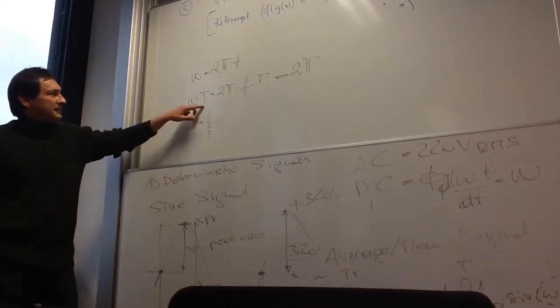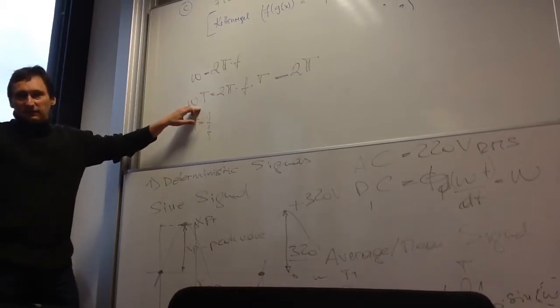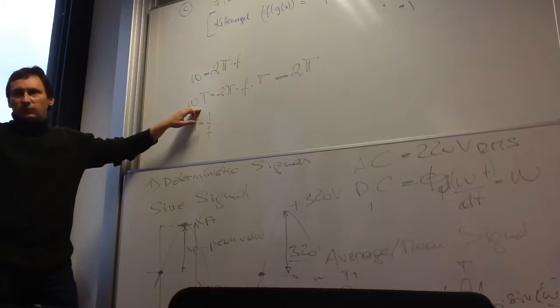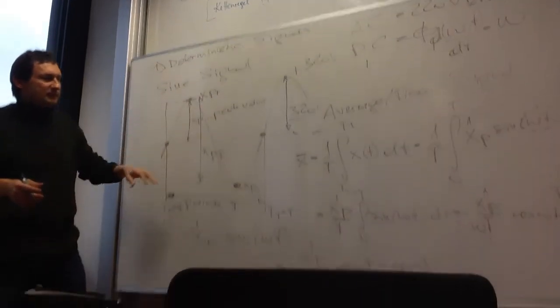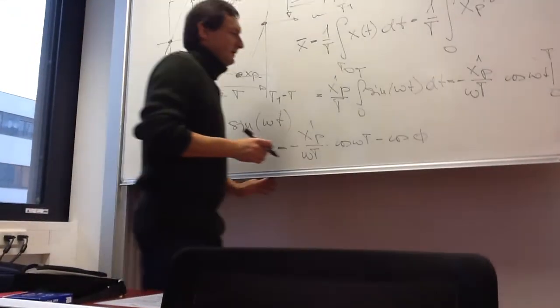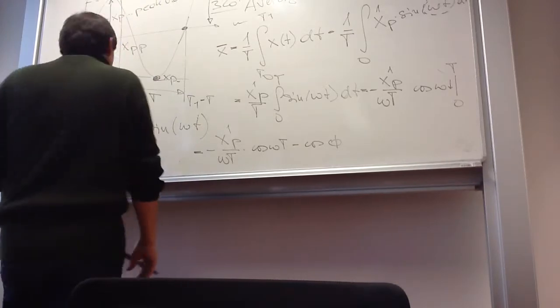So omega T is the angular frequency for one period, it's 2 pi. And this will ease the mathematical problems: cosine 2 pi.